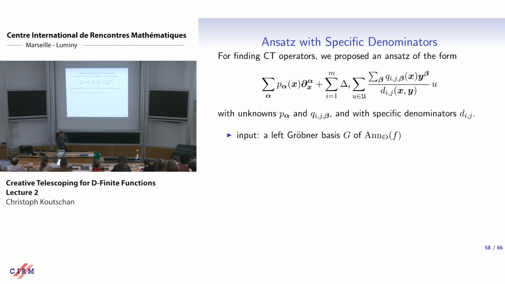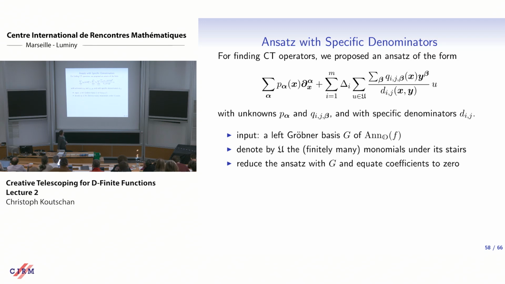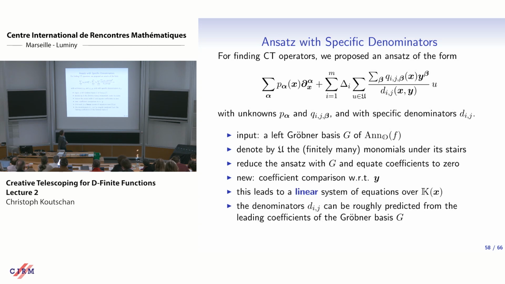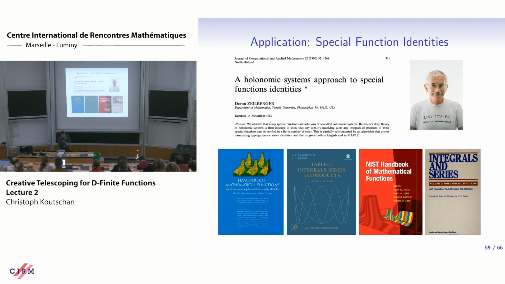And in many examples this works reasonably well. Well, I don't think that I have to go into details. This is basically what I explained. So let's not go into details.